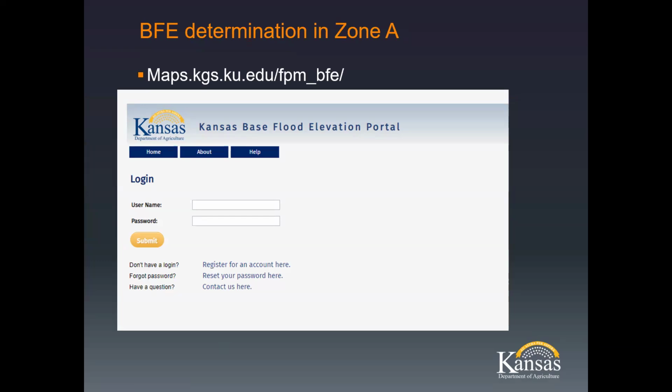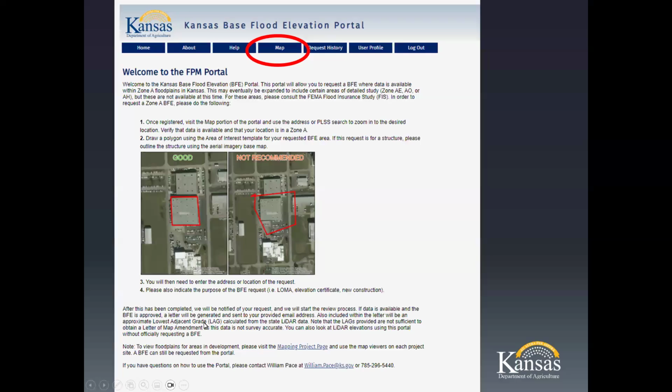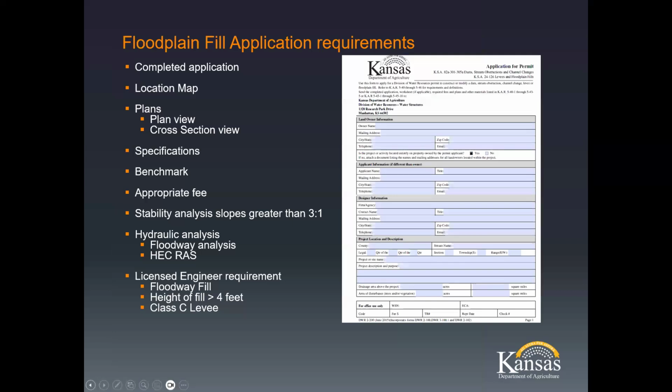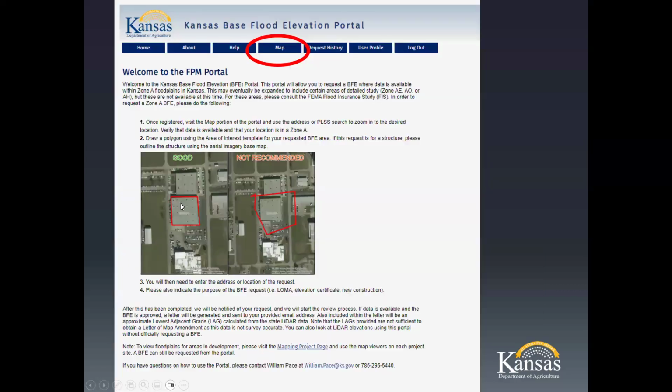You register for the account, put in a map, put in a square around it, and then you indicate what you want, whether you want just the elevation of the BFE, the map model, or the hydraulic model, all that stuff, and then our group will turn around and give it to you.